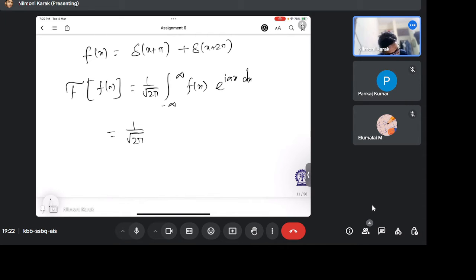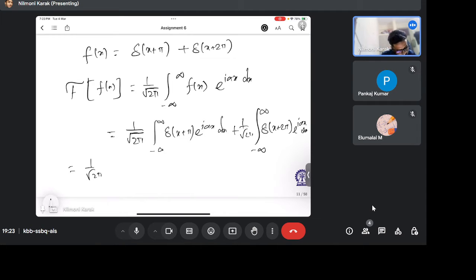So delta(x plus pi) e to the power i alpha x dx, plus 1 by root 2 pi, minus infinity to infinity, delta(x plus 2 pi) e to the power i alpha x dx.